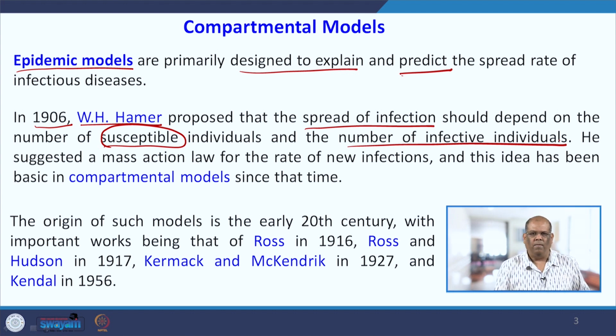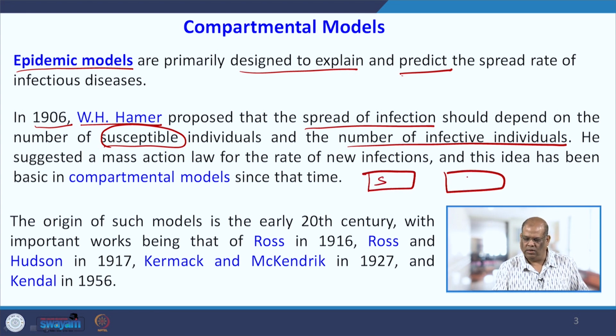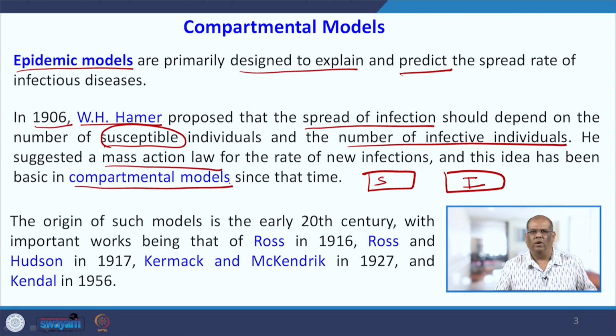By compartmental model we mean that there are classes: this class is called the susceptible class, this class is called the infected class. And he suggested the law of mass action for the rate of new infections, and this idea is the basis of compartmental models. So we will be looking into some compartmental models.